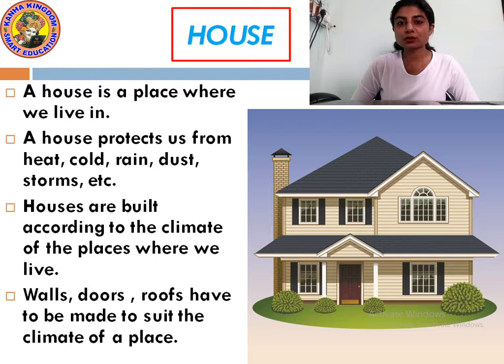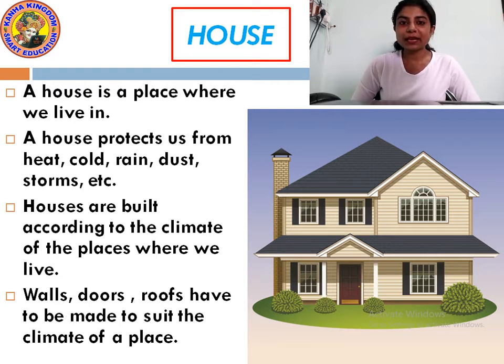We have cemented roof, yes or no? But in different places, in some places houses have roofs of tin, okay? And some bamboo, some straws, some hut. In different places there are different houses, okay? So according to the climate, we build our house, okay?